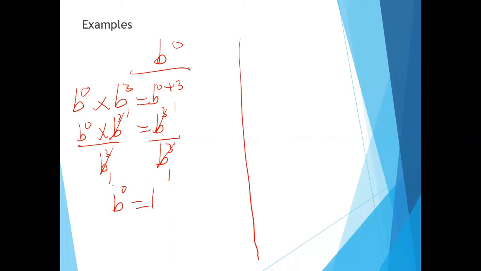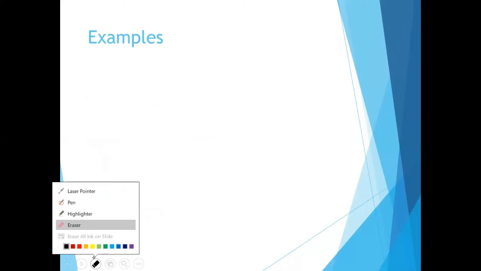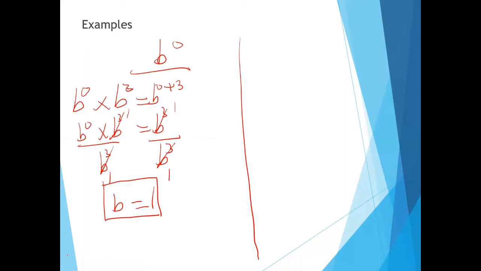And this is a very important concept. Very, very important concept. Any number raised to the power 0 will actually give us 1. Any number raised to the power 0 will give us 1. So we look at that as well, and then we work on it.